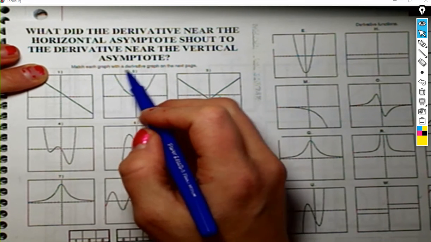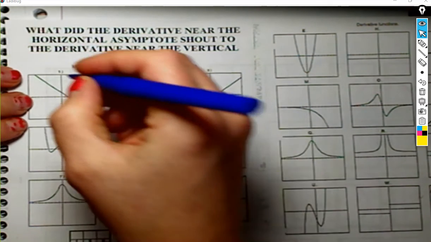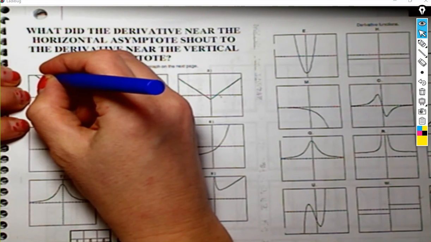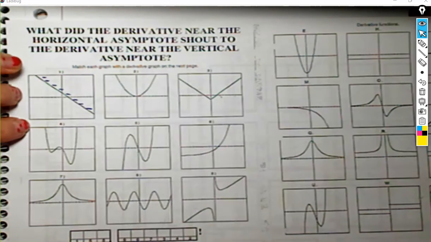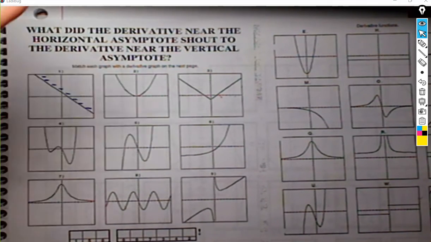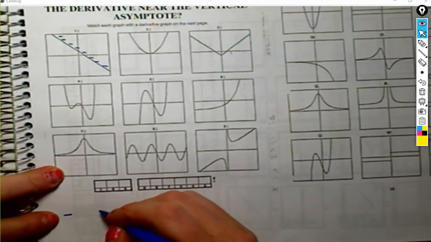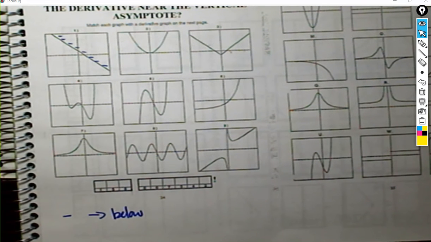Match each graph with the derivative on the next page. Okay, so how do I match? Well, let's see. Minus, minus, minus, minus, minus, minus. It's like pretending to draw. So minuses end up below on the derivative.